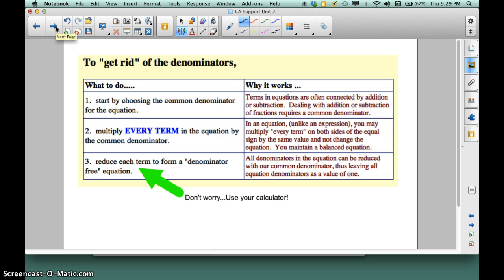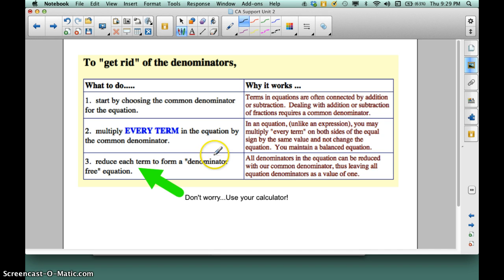So here's some steps to get rid of the denominator. Some of you really like to see this in words, and so this is what to do. You start by choosing a common denominator, and I told you you can do that just by multiplying any denominators in the problem together. Then you have to multiply every term in the equation by that common denominator. Every term, notice it's highlighted.